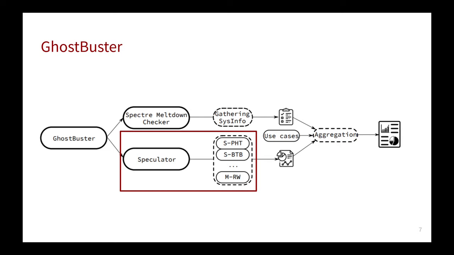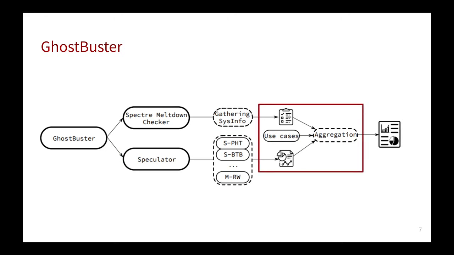For Speculator, we wrote not only the performance counter tests, but we also wrote cache-based tests, so that whenever we cannot use the performance counter interface, we can use the cache covert channel to verify. And whenever we can use both, we use them both to correlate the results.